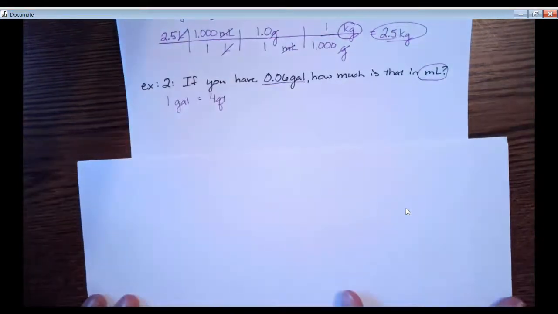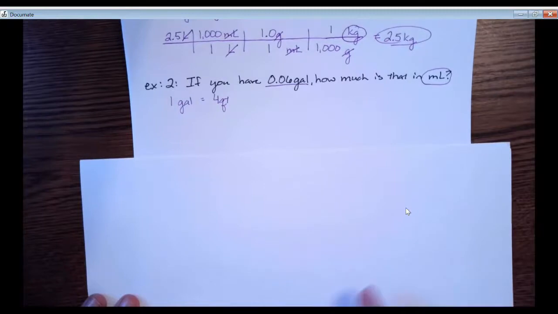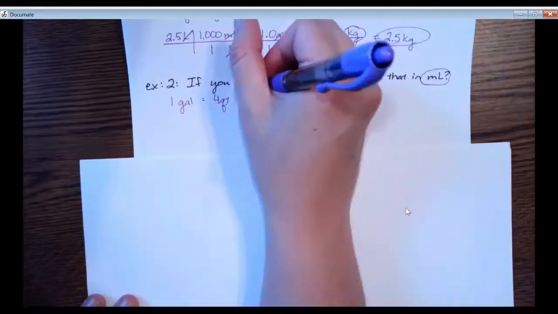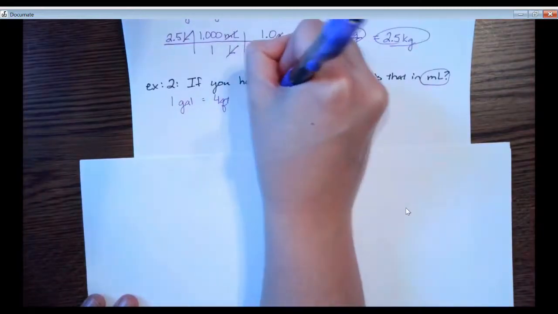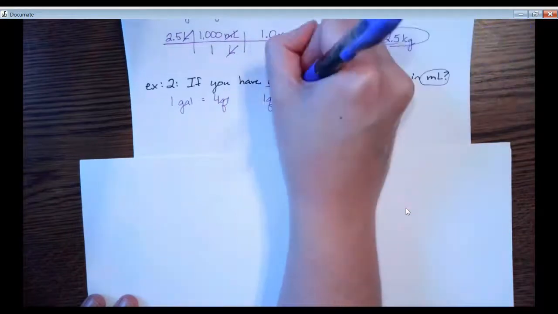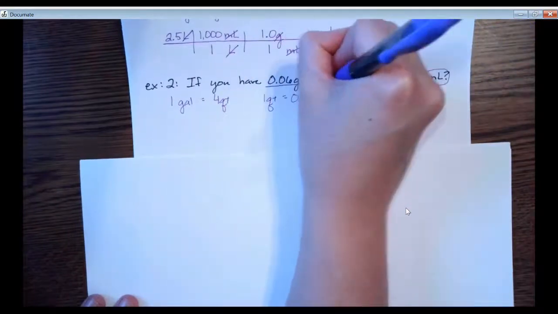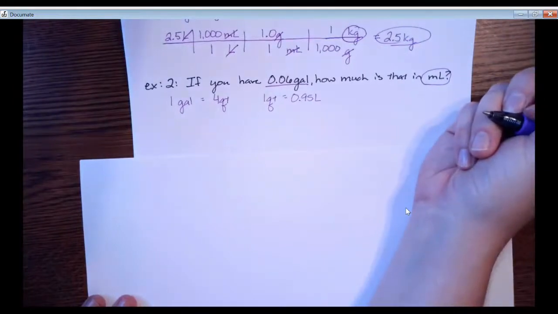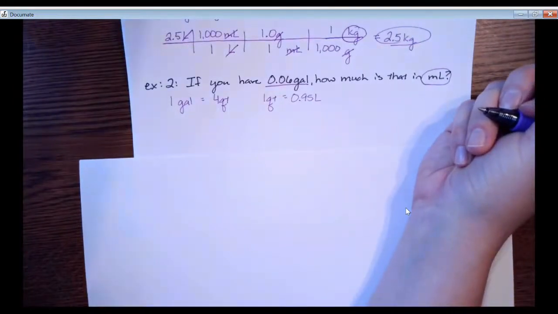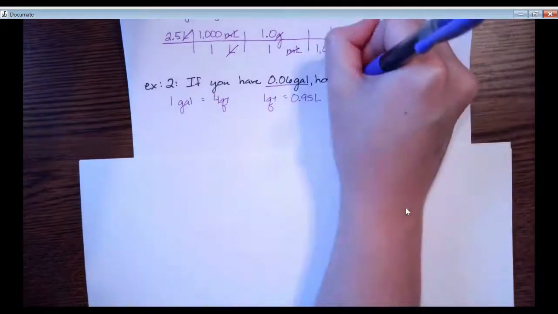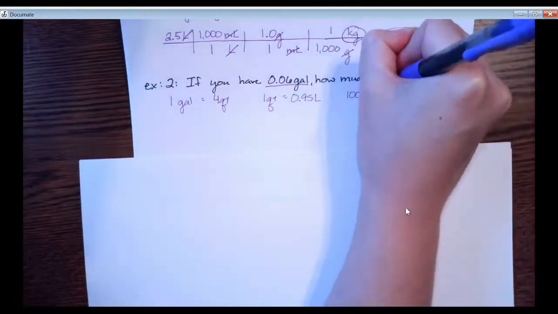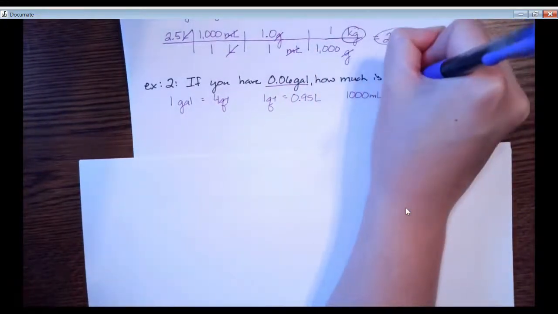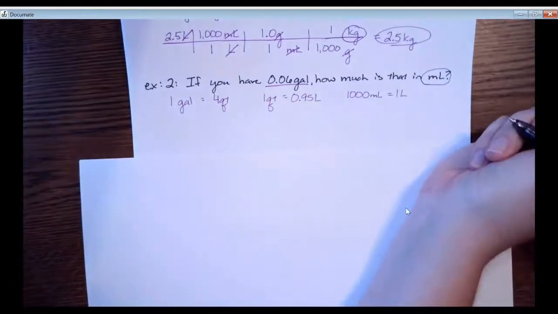And if I keep looking, I see that I have 1 quart is equal to 0.95 liters. That might be helpful. And then finally, if I want to get liters and milliliters, I know that 1,000 milliliters is equal to 1 liter.